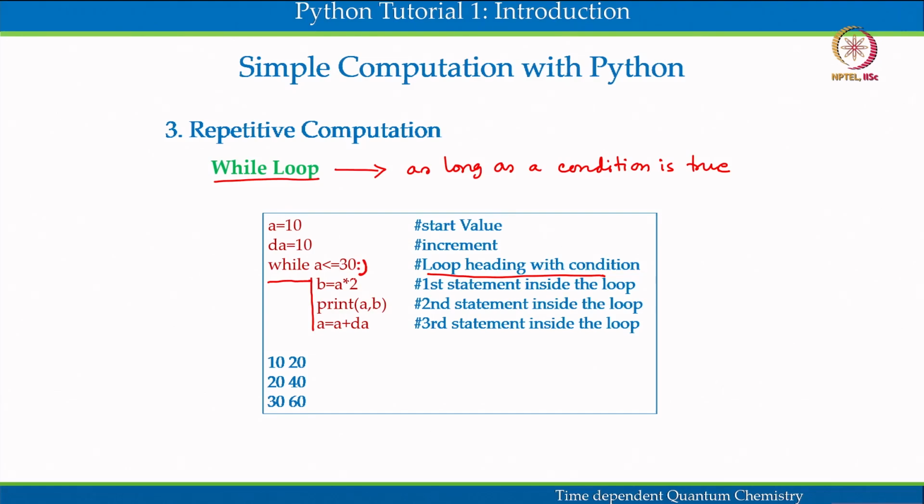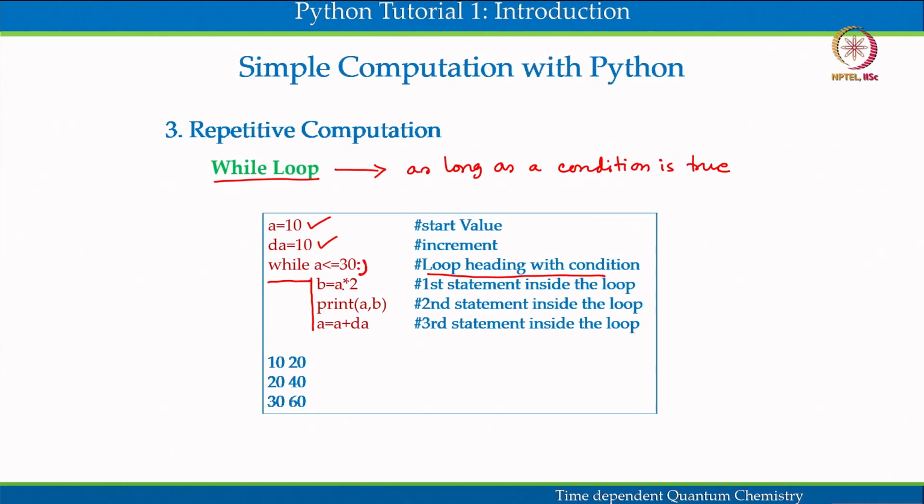So what happens when you start a value with 10 and increment by 10, let's say, then when we start the while loop, it will check whether the value is less than or equal to 30.